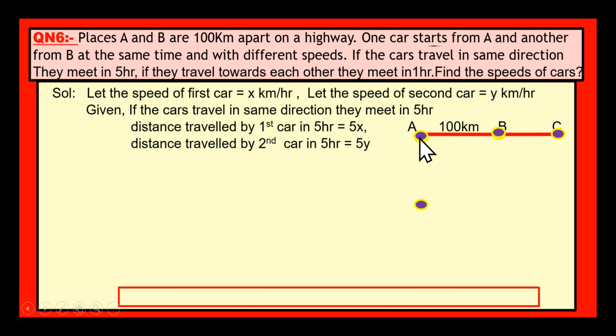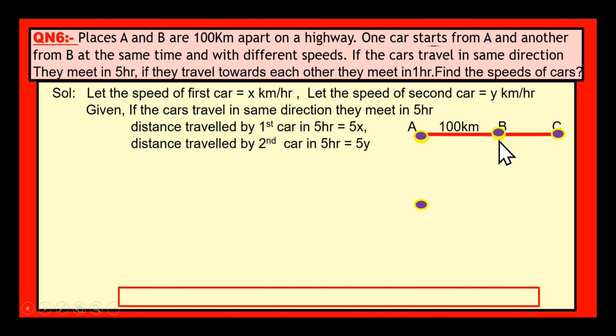Here in this diagram, A to C is the distance traveled by the first car in 5 hours, which is equal to 5x. And the distance traveled by the second car in 5 hours is B to C, which is equal to 5y. AC is 5x, BC is 5y, and AB is equal to 100 kilometers.